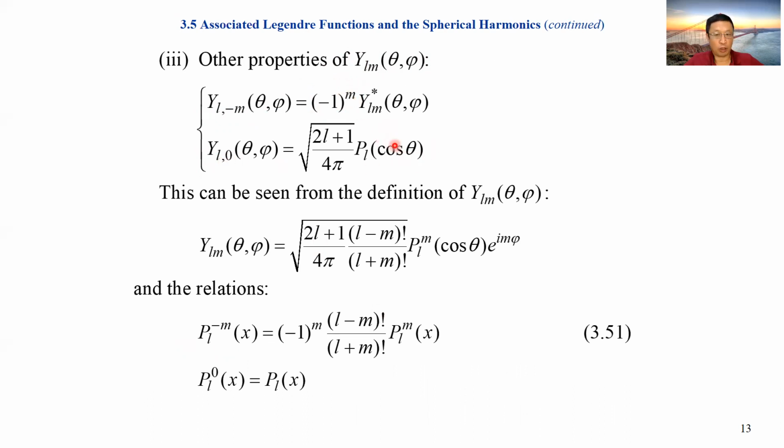Just like the Legendre polynomial. This can be seen from the definition of Y_Lm. Not very clear, but you can derive this property from here and the relation for Y_L,-m.